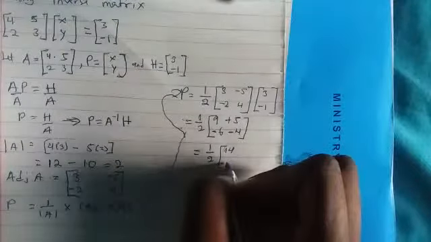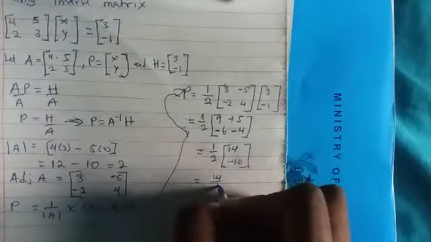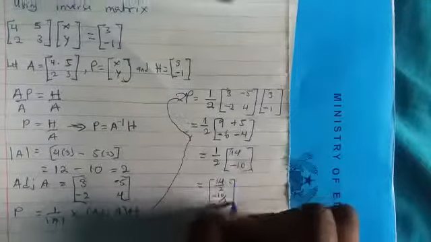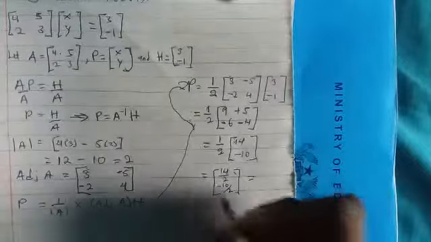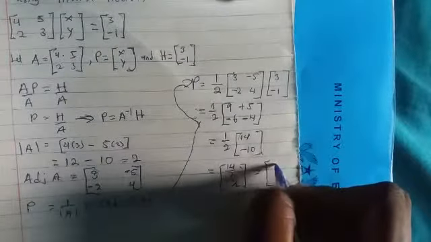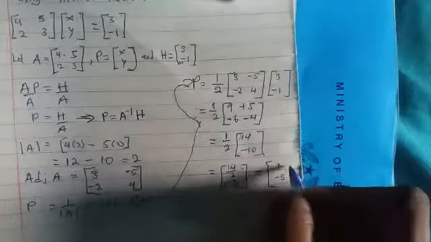So it is equal to 1 over 2 times 14, -10. Okay, so this one is going to give us 14 over 2, -10 over 2, which will give us 7, -5.